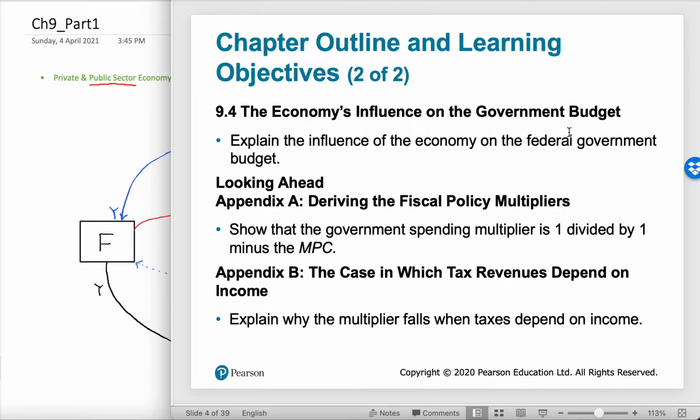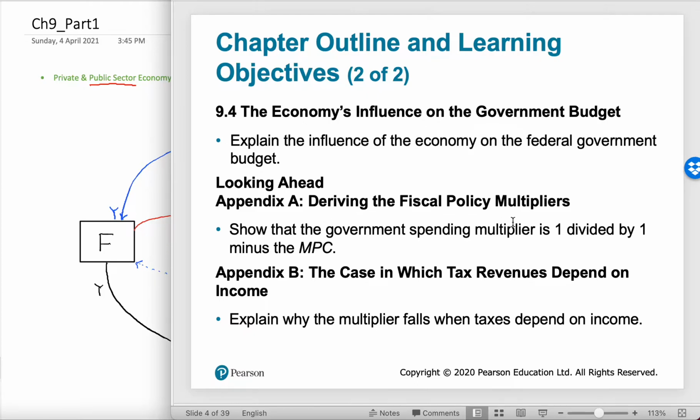Then we will move to the economy's influence on the government. That was the aim which I mentioned in part 5 of chapter 8, that it explains the influence of the economy by the fiscal policies. So that is the main role of explaining what would be discretionary actions of the government to stabilize the business cycles. There are 2 appendices which we are going to cover.